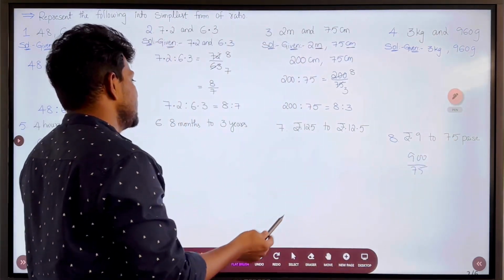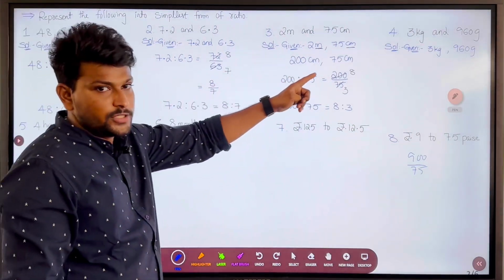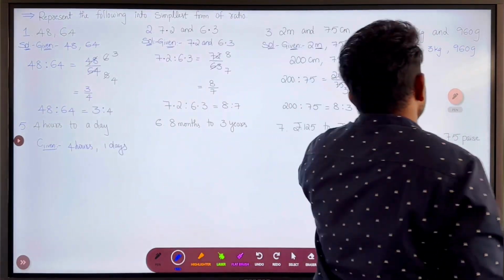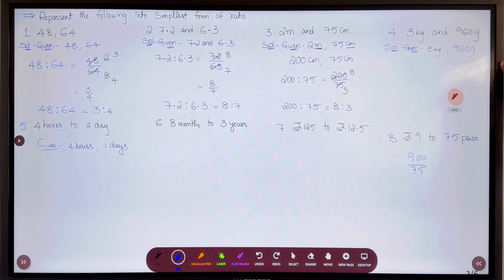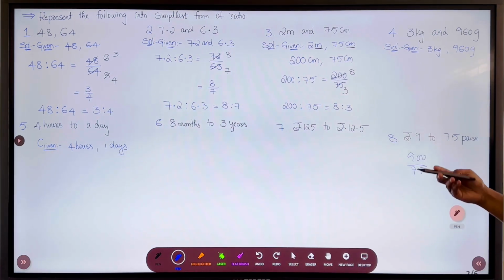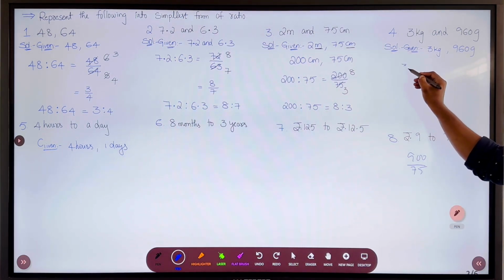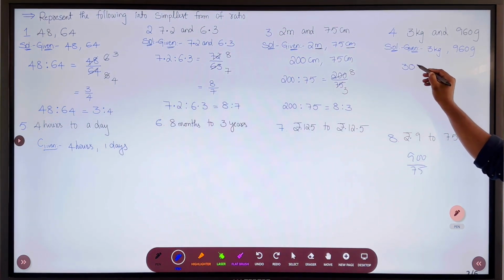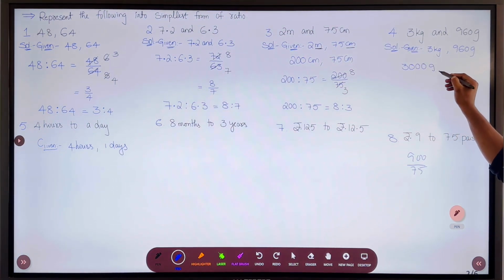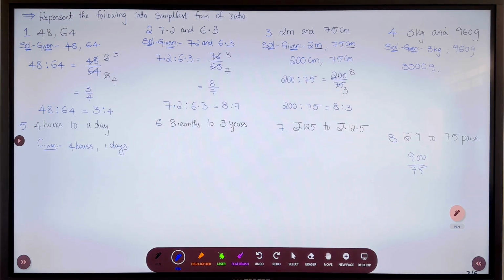Okay, next, let's look at the fourth question. Here we have 3 kilograms and 960 grams. Whatever we do, we need to convert kilograms into grams. So 3 kilograms equals how many grams? 3000 grams.